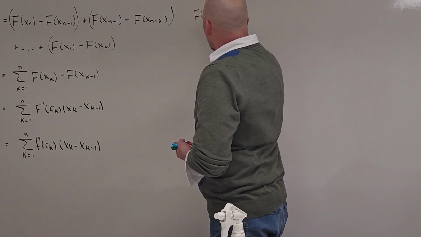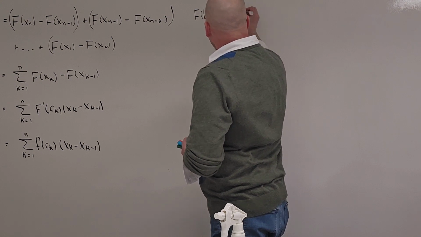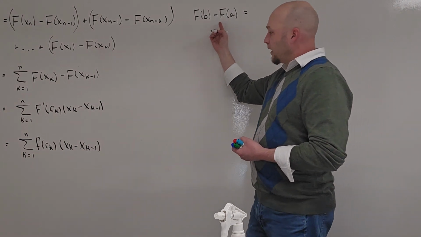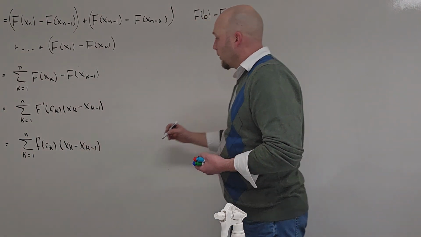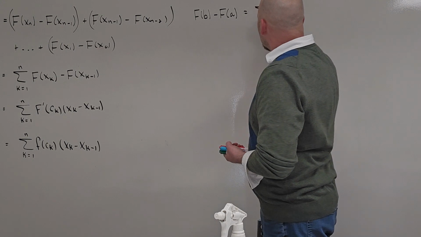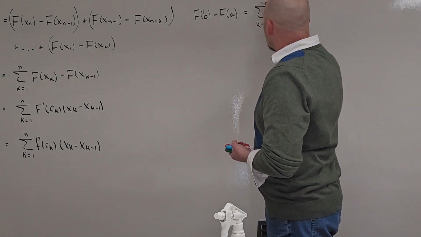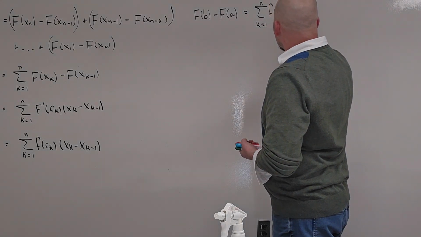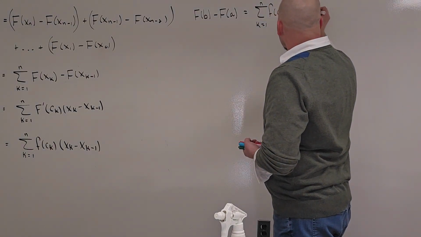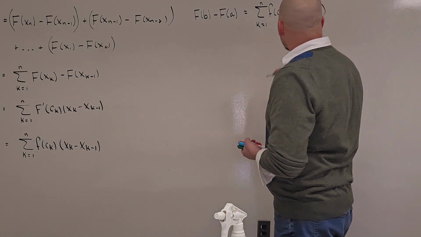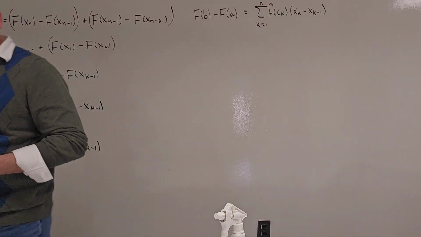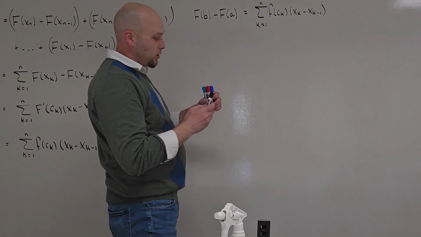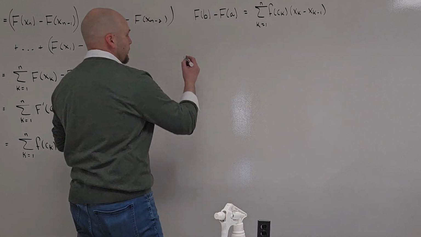F of b minus f of a. That was the start of the string of equalities. F of b minus f of a is the same as this summation right here. Well, what I'm going to do now, I'm going to take the limit of both sides.